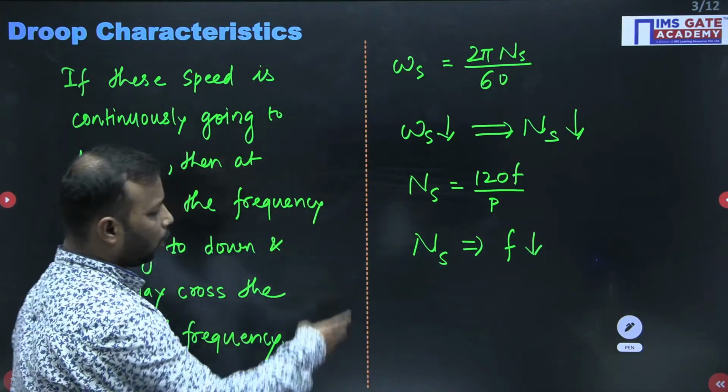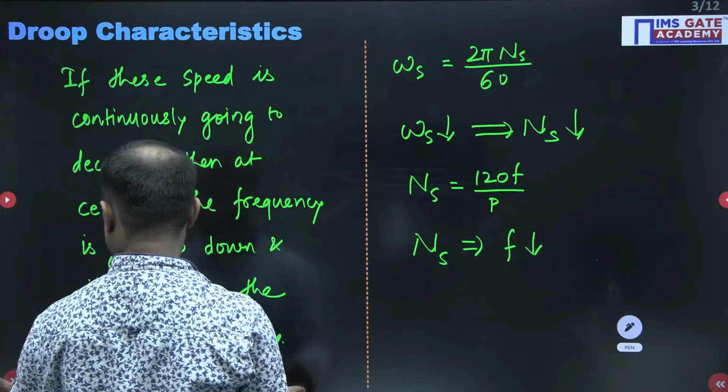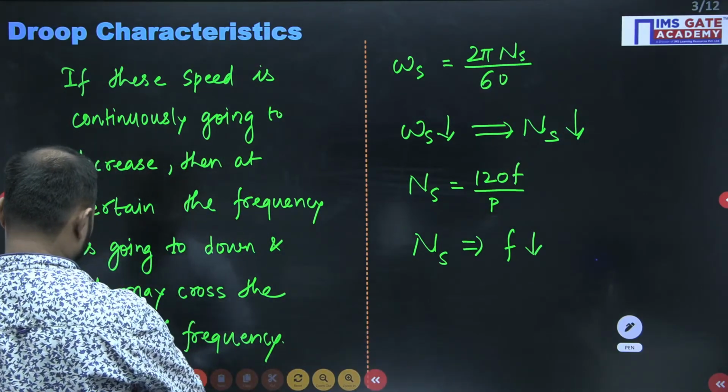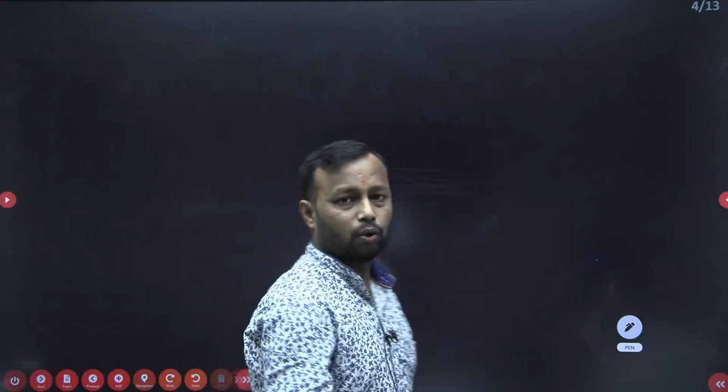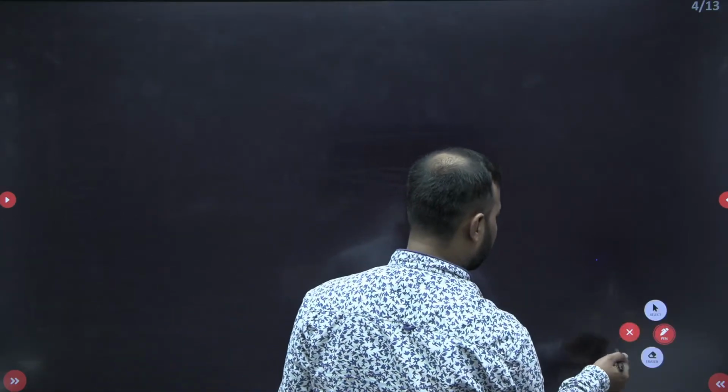Okay, so this can be studied by the term known as droop characteristic. Now look here, what do you mean by droop characteristics?